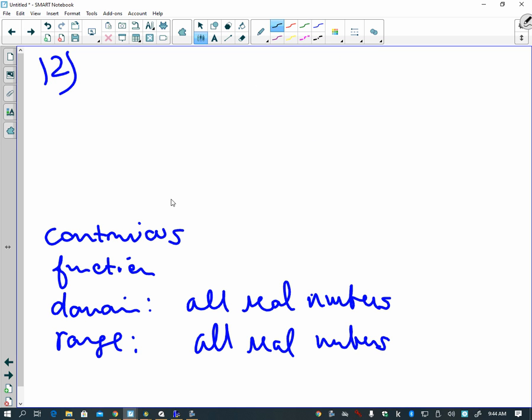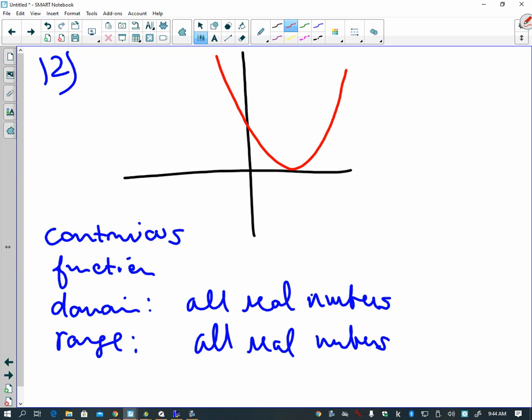Something like this. Okay, continuous or discontinuous? Here, I'll help you out. Continuous, right? Okay, function or not a function? Function. Okay, domain?